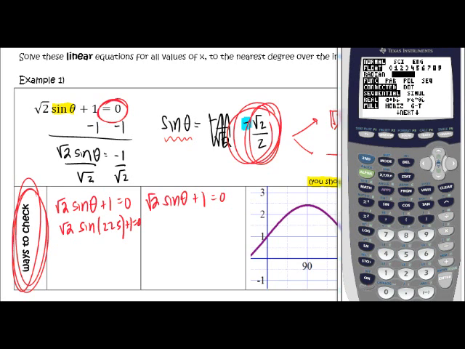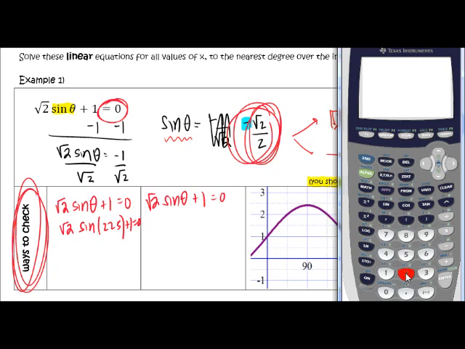I recommend making sure your calculator is in degree mode, and then you can just type this whole thing in. The square root of 2 times the sine of 225 plus 1 equals 0, which is good.